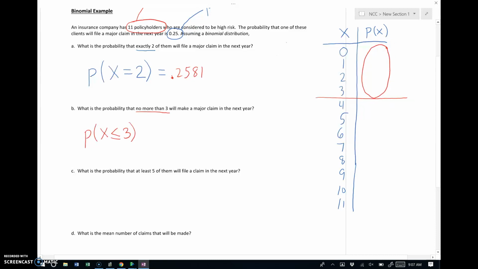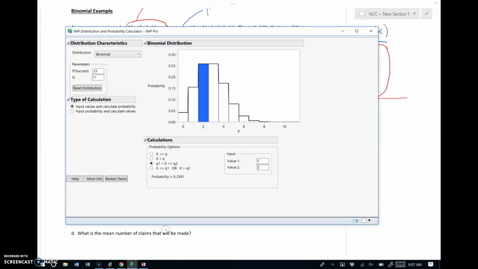Now, we already have the answer for 2. We could get the answers for 0, 1, and 3 the same way we found the answer for 2, and once we have those 4 probabilities, we could just add them up. The beauty of the software is we don't have to do that, though. There was a feature for that in JMP. If I go back to JMP, that's this button right here.